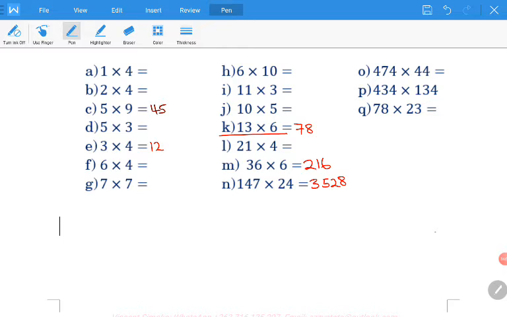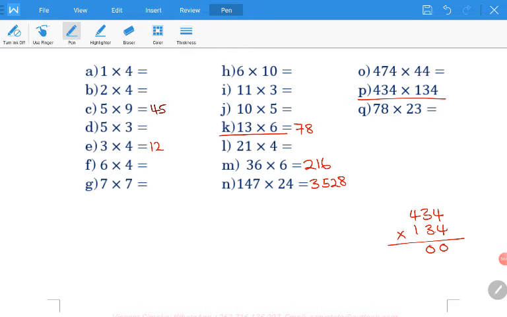Well, looking at another one, we are having here on P, 434 times 134. Because we are multiplying by hundreds, we give 2 zeros, then we start multiplying by the hundreds.